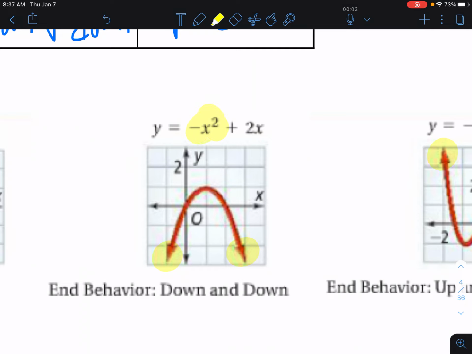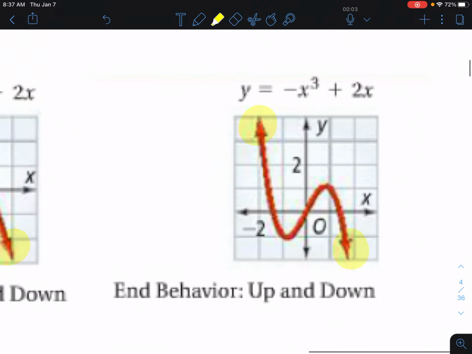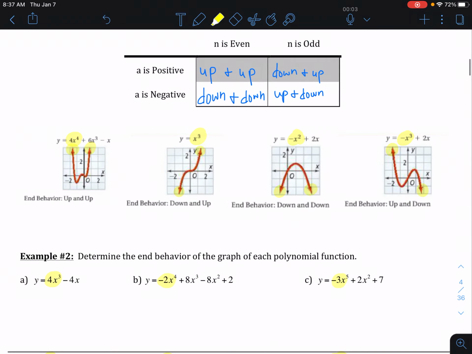Notice that we have a negative for a, the leading coefficient, and the exponent, the degree, is an even number. So that would be negative and even, down and down, just like the graph shows. And then lastly, the leading term here is a negative leading coefficient for a, and the n, the degree, is 3, an odd number. So negative and odd would be up and down, just like the graph shows.